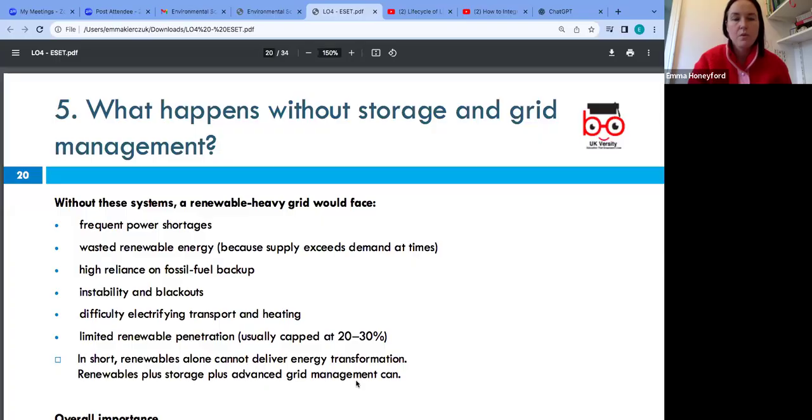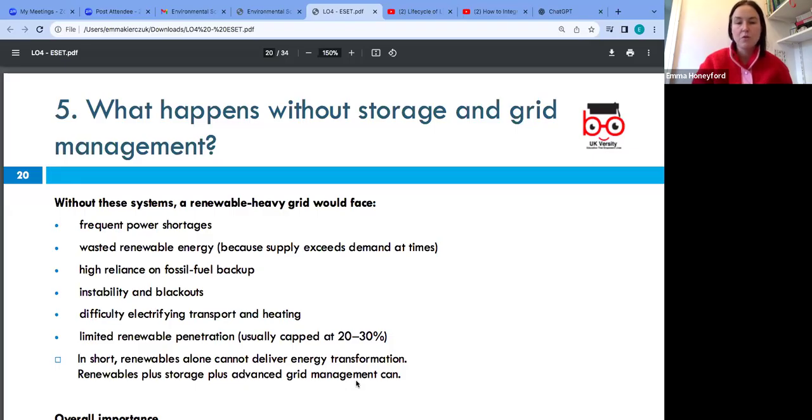So the reason why storage and grid management is so important is because it will enable us to use renewable energy. Without these systems, a renewable heavy grid would face frequent power shortages and wasted renewable energy, because the supply exceeds demand at times.